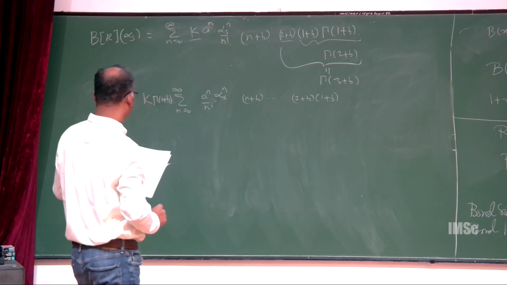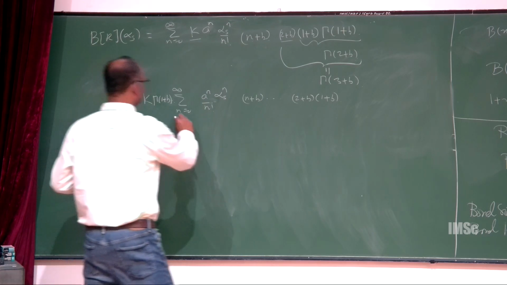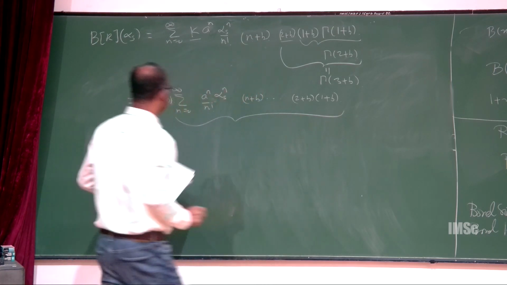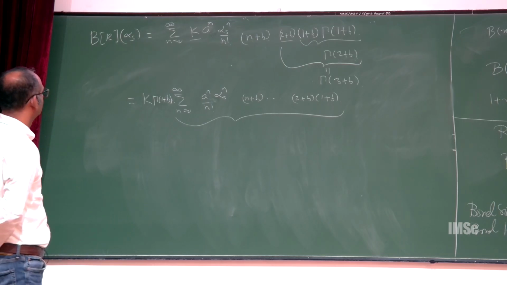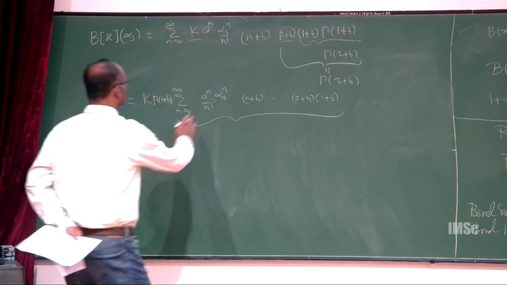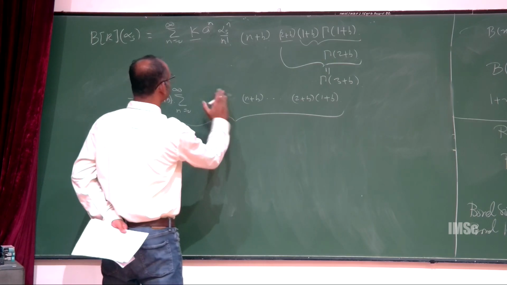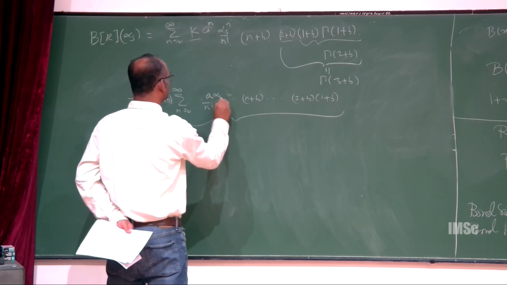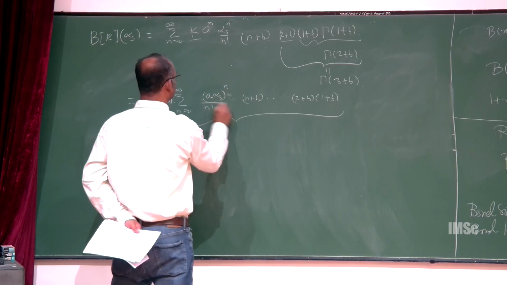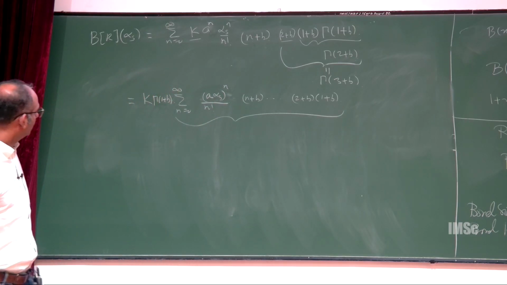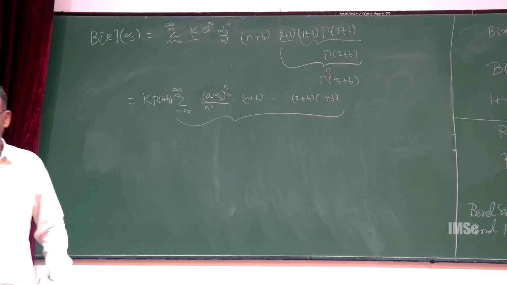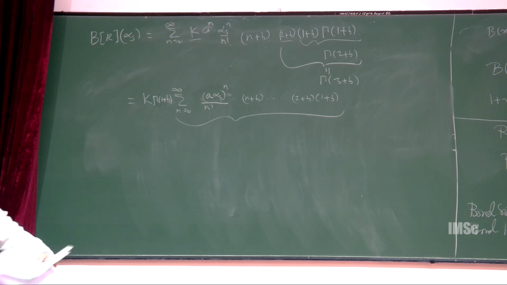Is that okay? Yeah, this looks fine. Or let me change this also to a times alpha s to the n. Think of a alpha s as some z to the n. So z to the n over n factorial times this factor. Can you see what the sum would be?